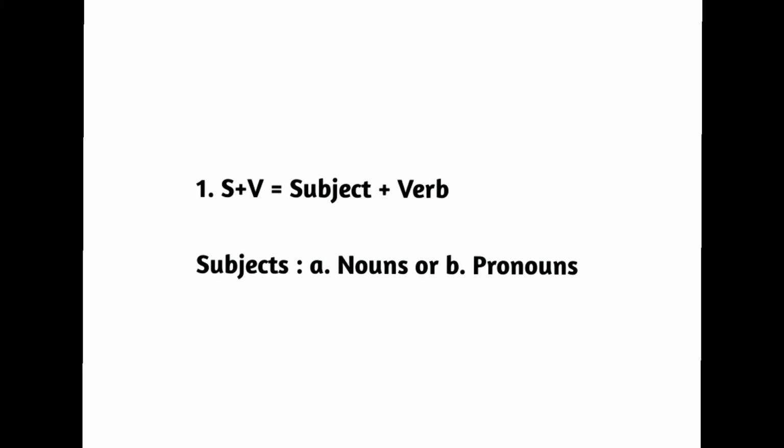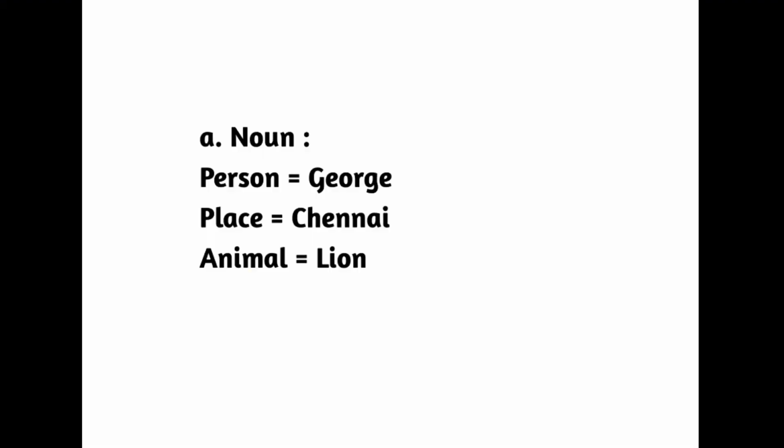Subjects are A, nouns, or B, pronouns, which are used as subjects. Now let me tell you about A, noun. Name of a person, George. Name of a place, Chennai. Name of an animal, lion.